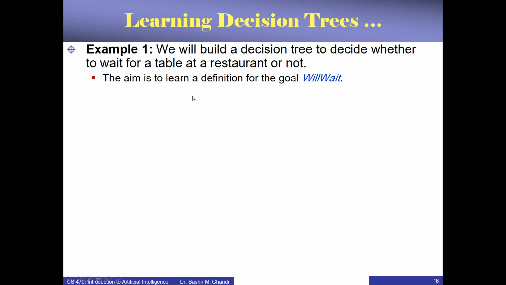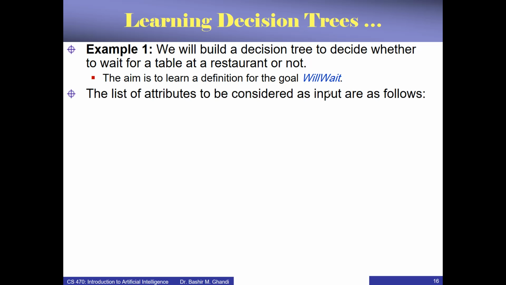The aim is to learn a definition for the goal. The goal is will wait. So will wait be, is it going to be true or is it going to be false? And the list of attributes to be considered as input are as follows.